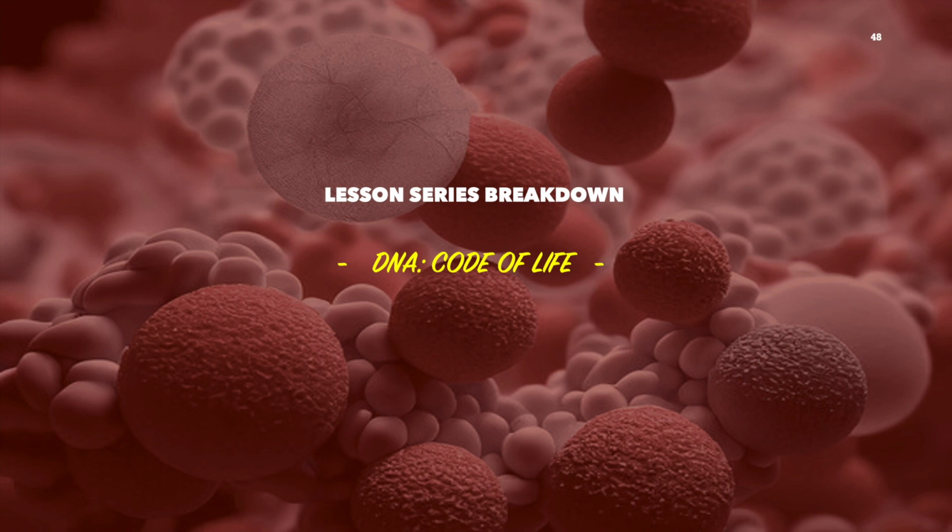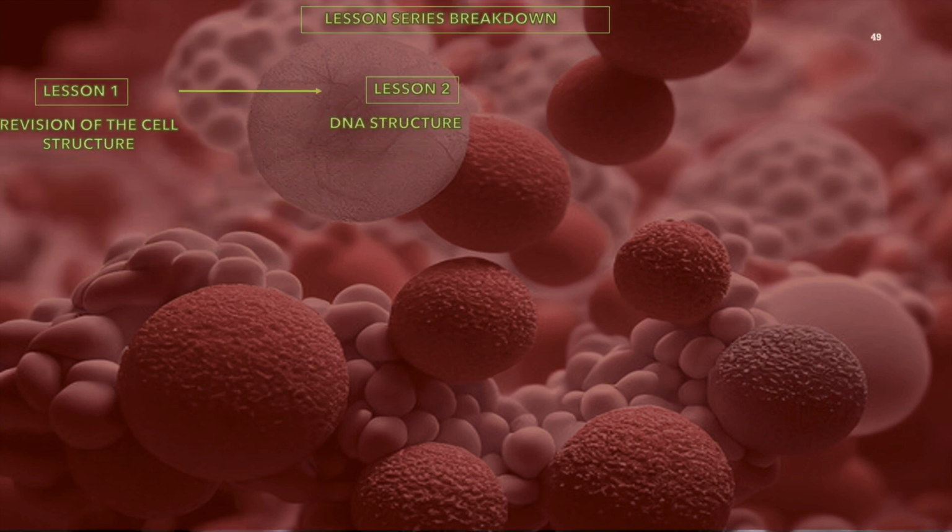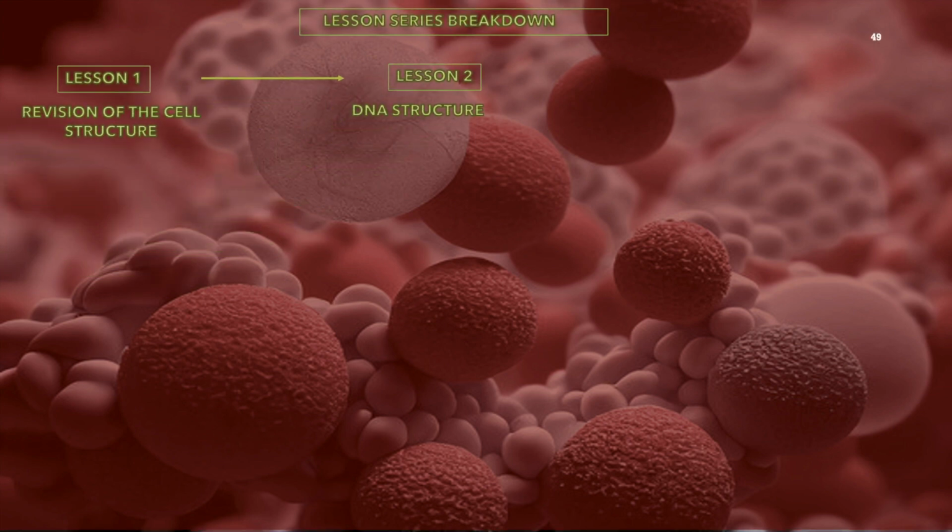Before we get into the lesson, let us firstly look at the lesson breakdown of the series. This series is broken down into 7 lessons. Each lesson contains its own video.